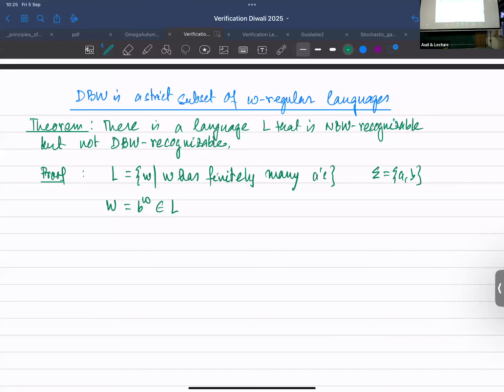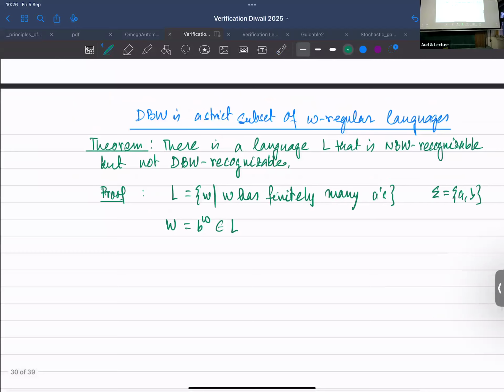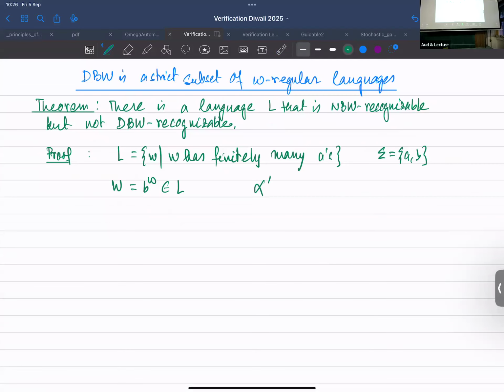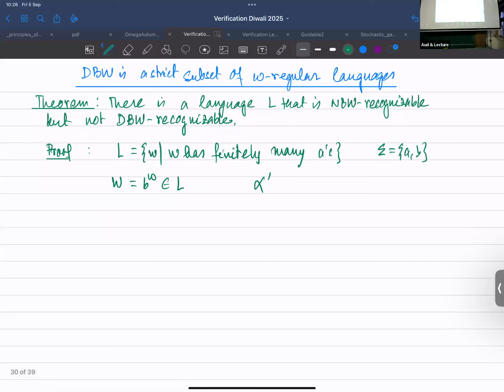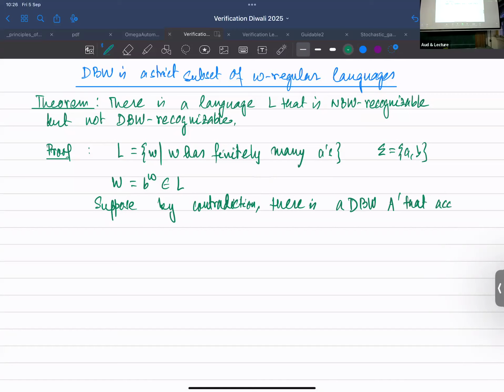So I'm trying to prove that indeed for this language, there doesn't exist any DBW. So B^ω belongs to L. Suppose, by contradiction, there is a DBW A' that accepts L. Okay, I'm trying to prove this by contradiction.